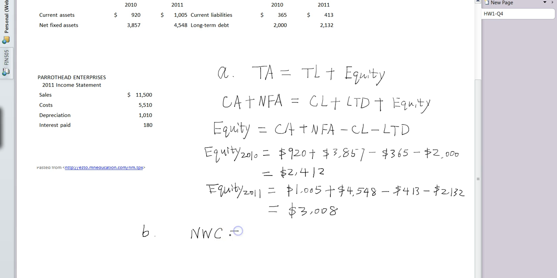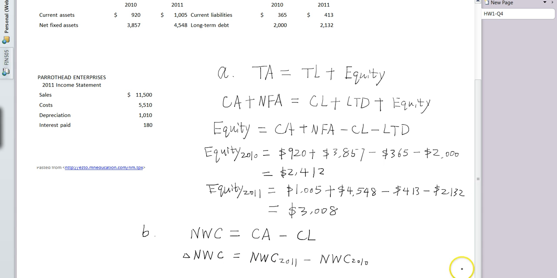Net working capital means current assets minus current liabilities. Hence, the change in net working capital for 2011, that's basically net working capital for 2011 minus net working capital for 2010.